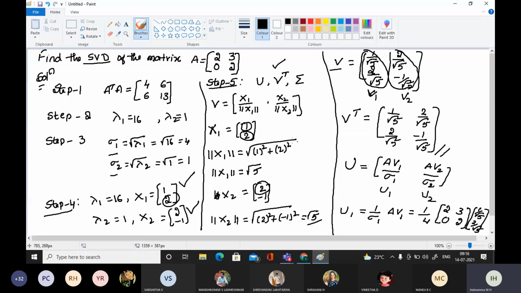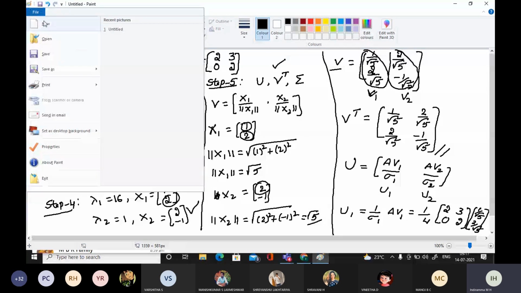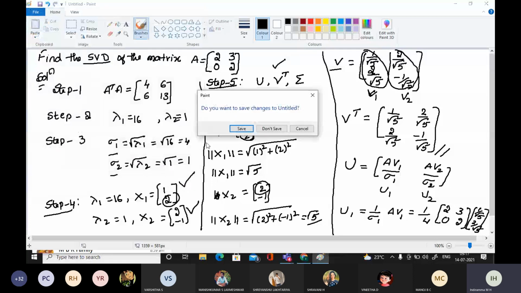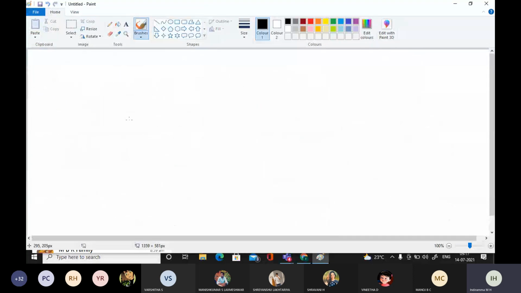No, ma'am. Okay, I will go to the second page to continue. We are finding U1, that is 1 by sigma 1, where sigma 1 is 4, into A V1.